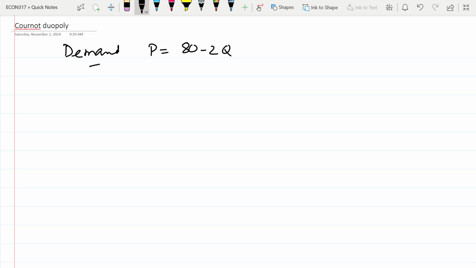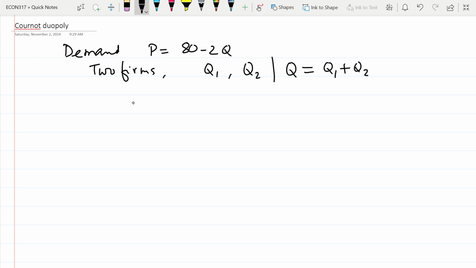We have two firms. So firm 1 sells output Q1, firm 2 sells output Q2, which means the aggregate quantity Q is the sum of Q1 plus Q2.